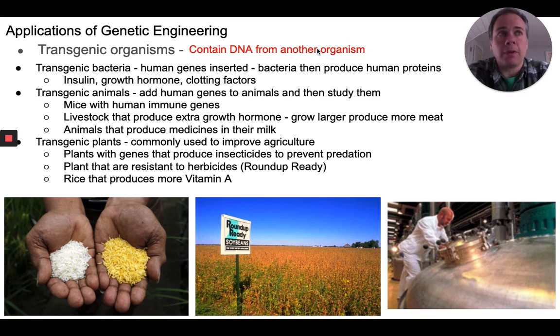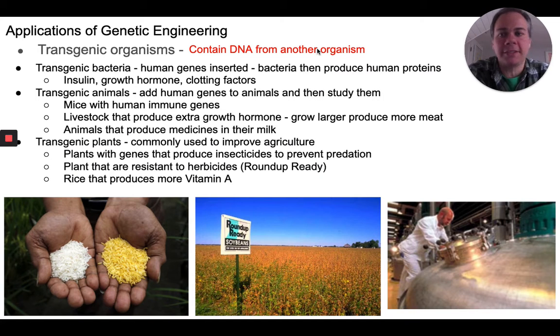For example, if scientists have a gene they want to study in humans, okay, they can insert that gene into a mouse model or some other organism, grow those animals, and then use them for experimentation to test different treatments and things like that.